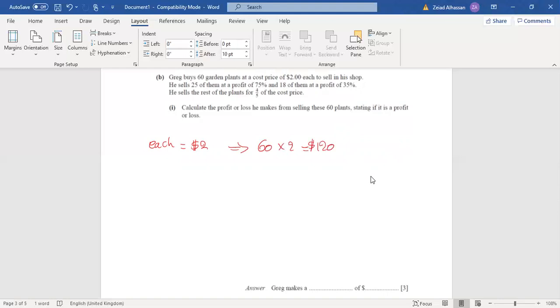See, people, I'm trying to teach you how to think with the problem. Don't read the whole question and then say, I don't know how to solve it. Divide the question into pieces. Any step you read, you have to translate it into a mathematical process. 60 garden plants at a cost price of $2 each, to sell in his shop.